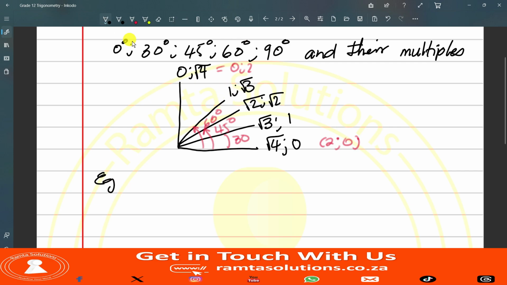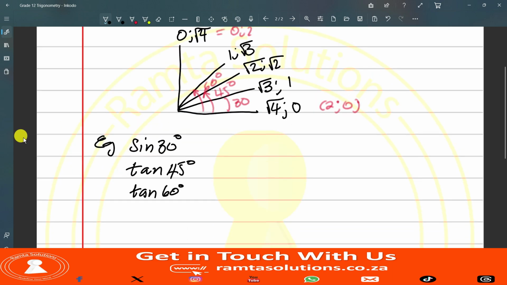So let's say, for example, you're looking for sine 30 degrees, and then tan 45 degrees, and lastly, tan 60 degrees. But I don't have to add more, guys, because you can just get these values straight from your calculator.